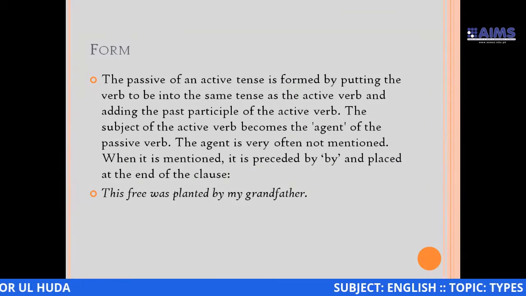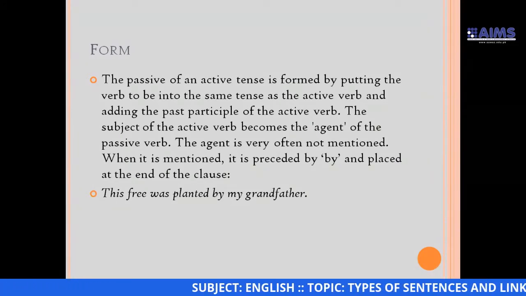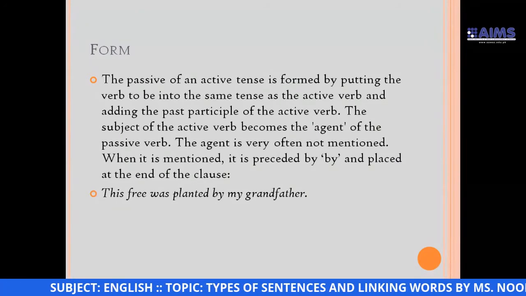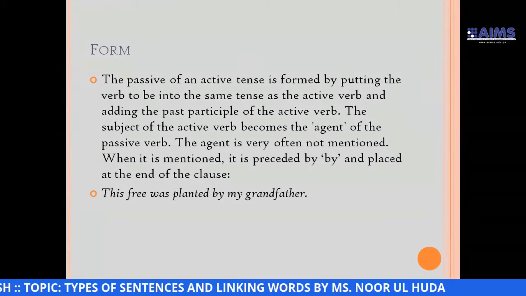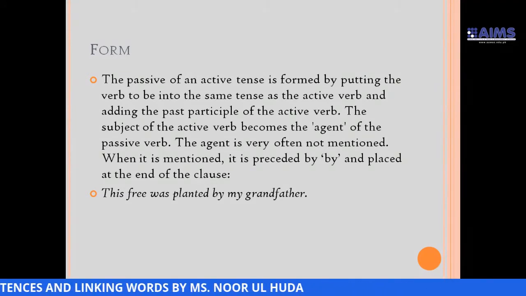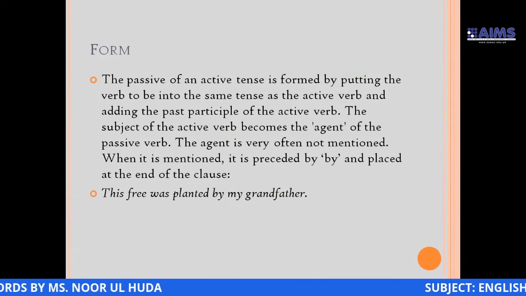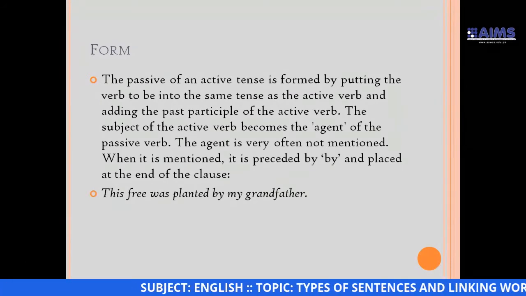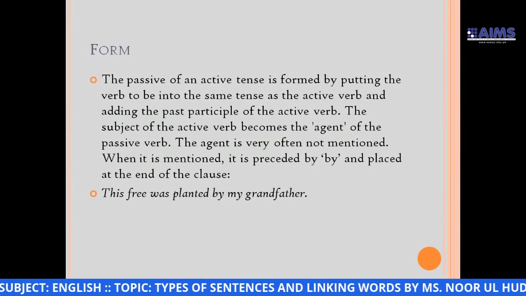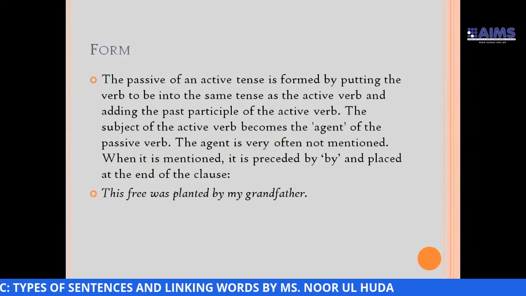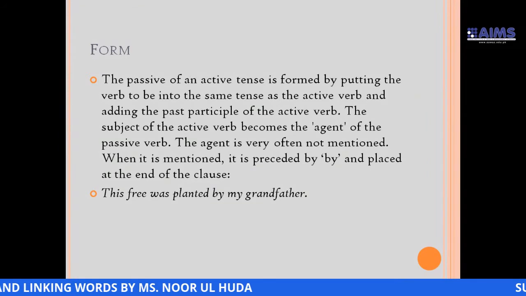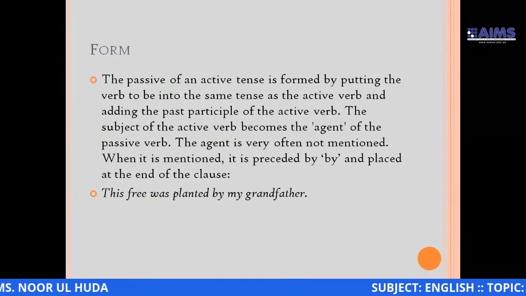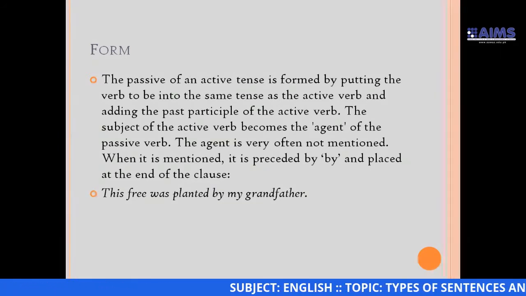When it is mentioned, it is preceded by "by" and placed at the end of the clause. Means whenever we are making the active sentence into passive, if we are using the agent after the verb, it must be introduced by the word "by". But it is not a necessity.